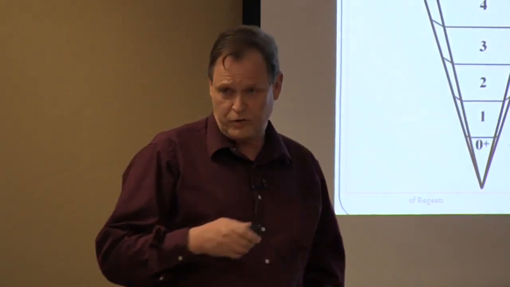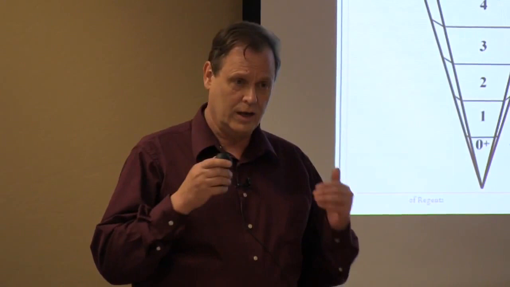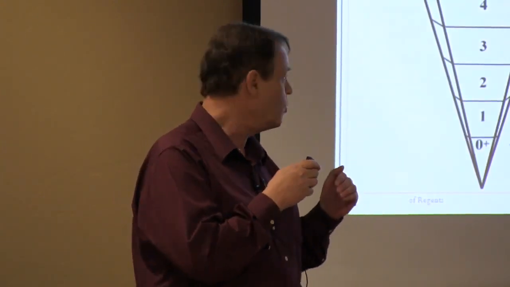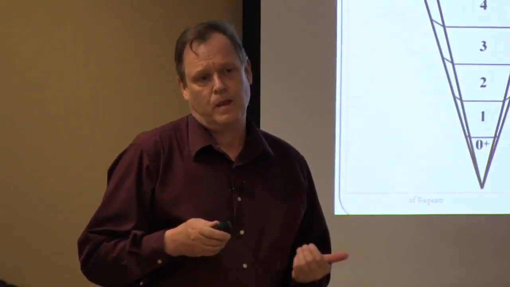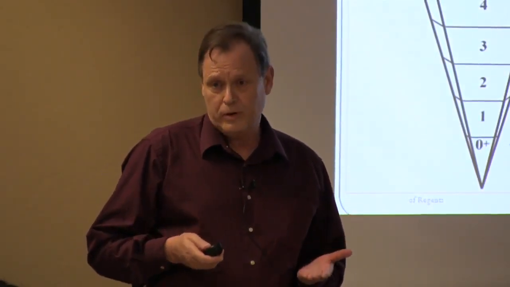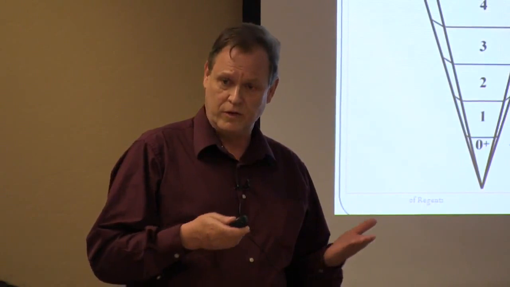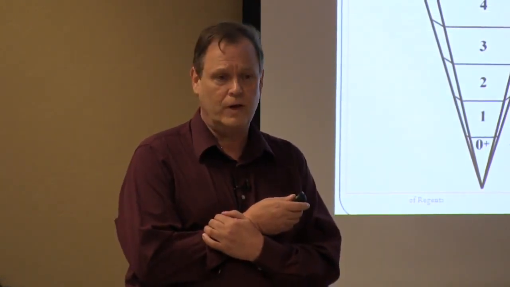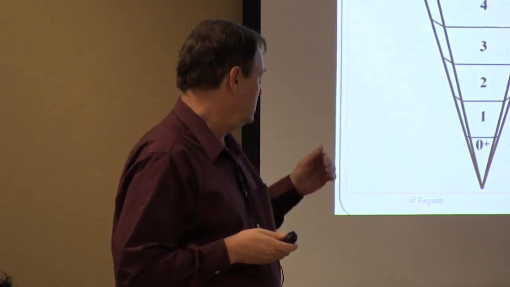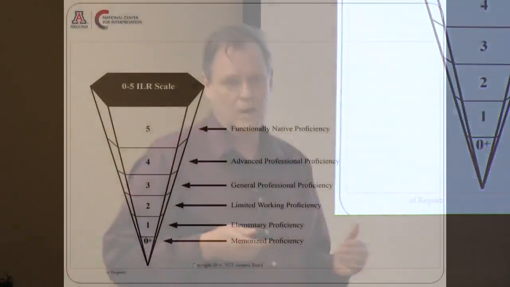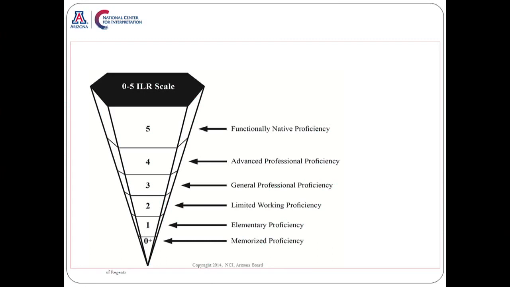So it'll be interesting to go to that site and look at the descriptions for each one of these levels. There's also an interpreter assessment scale at that site too, so that you could see what an interpreter would have to achieve in order to reach levels 1 through 5. So you could look at that.